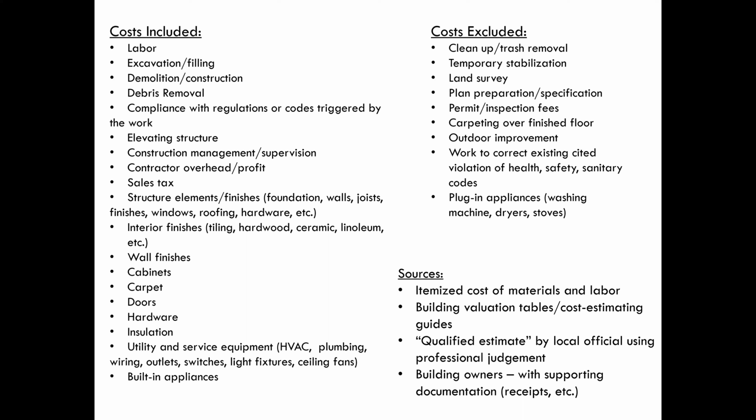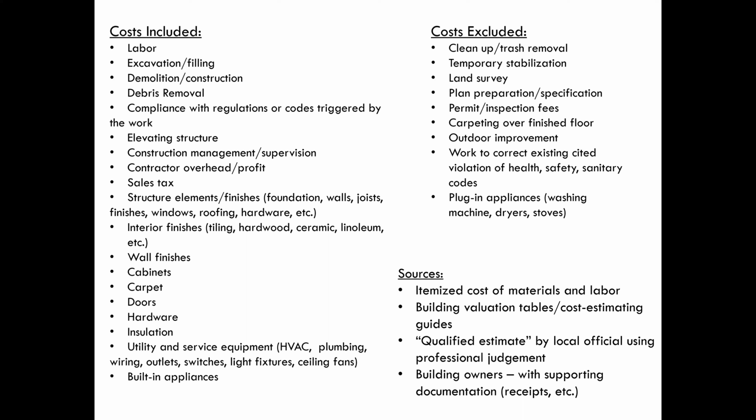Walls, joists, finishes, windows, roofing, hardware, any built-in appliances, the insulation, the utilities, the HVAC system, the plumbing, all of that has to be assessed and included in the cost of repairs. And then you can see on the right side what can be excluded.